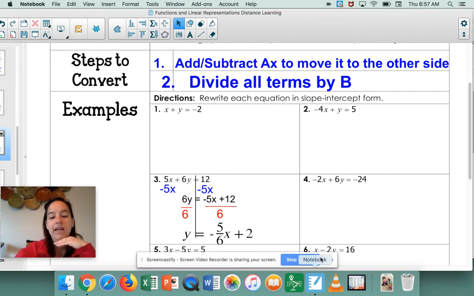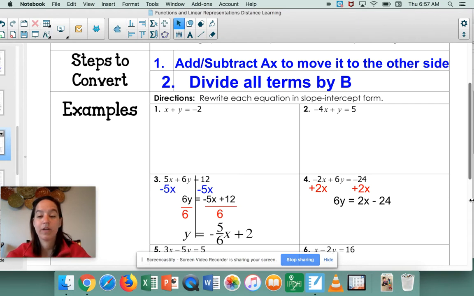So if my ax is negative 2x, I'm going to add 2x to both sides. Once I've added 2x to both sides, I'm now at 6y equals 2x minus 24. Notice that that negative 24 stays negative, and I show that it's negative through that subtraction, okay?